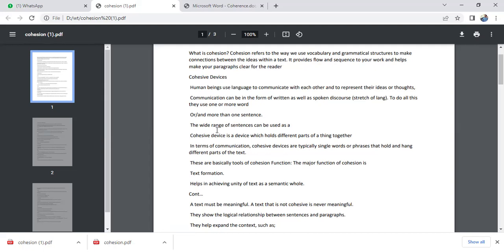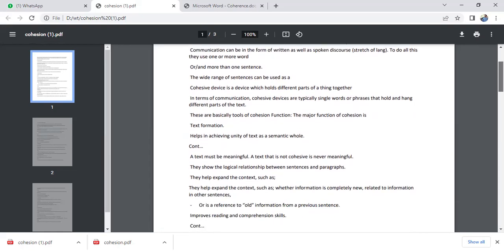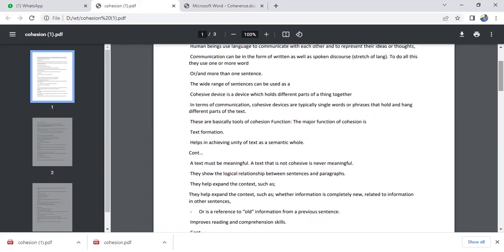Now, coming towards it, a wide range of words can be used as cohesive devices. A cohesive device is a device which holds different parts of a thing together, fine. For example, generally, cohesive devices are those devices which join certain parts of a thing together.